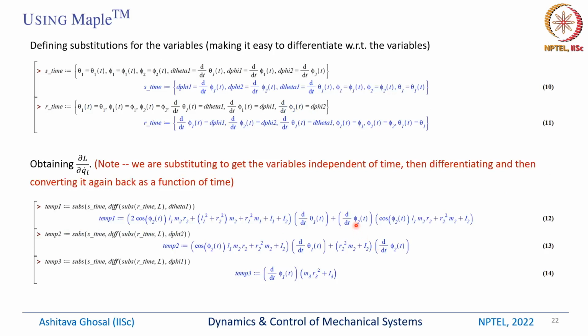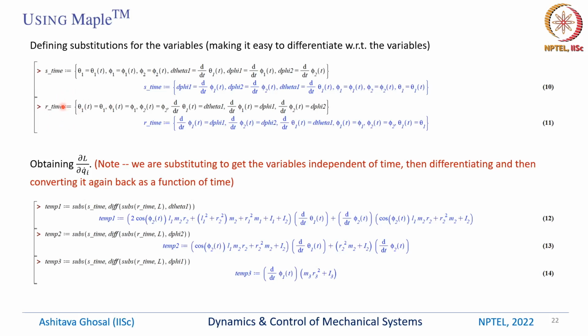Similar to the case when we did the 2R, we define intermediate variables s time and r time, which are basically theta 1, to say that theta 1 is a function of time, and phi 1 is a function of time. d theta 1 is basically theta 1 dot, but it is assigned a new variable d theta 1, because when we take the partial derivative of this Lagrangian with respect to theta 1 dot, this is the easiest way to do it.